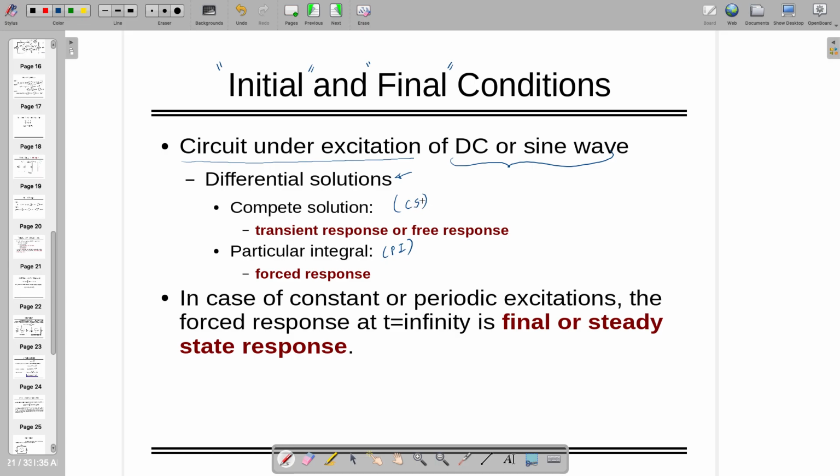Whatever you are looking into as the complete solution, that is known as transient response or free response. Particular integral will tell you the forced response. Whatever we are doing, it's happening at DC or sine wave excitation, right, with that input. But in case of constant or periodic excitations, the forced response, meaning particular integral at t equal to infinity, is known as the final or steady state response.